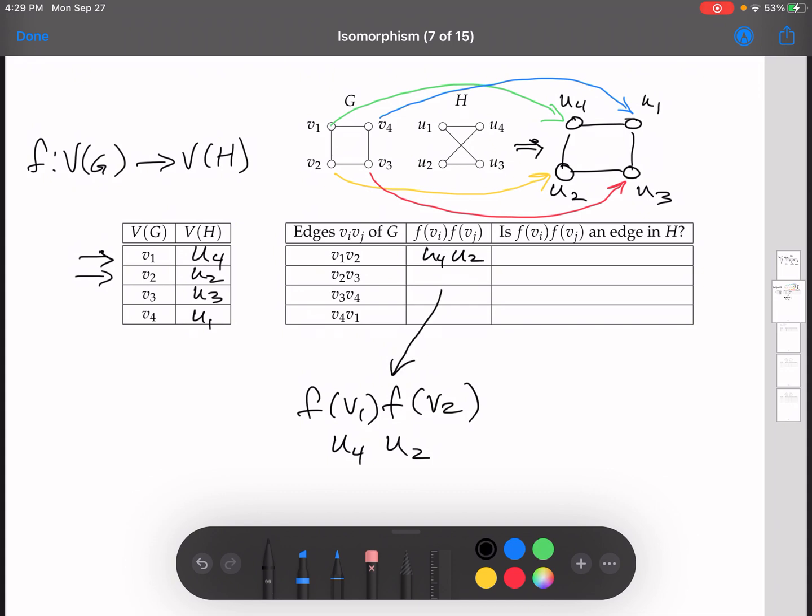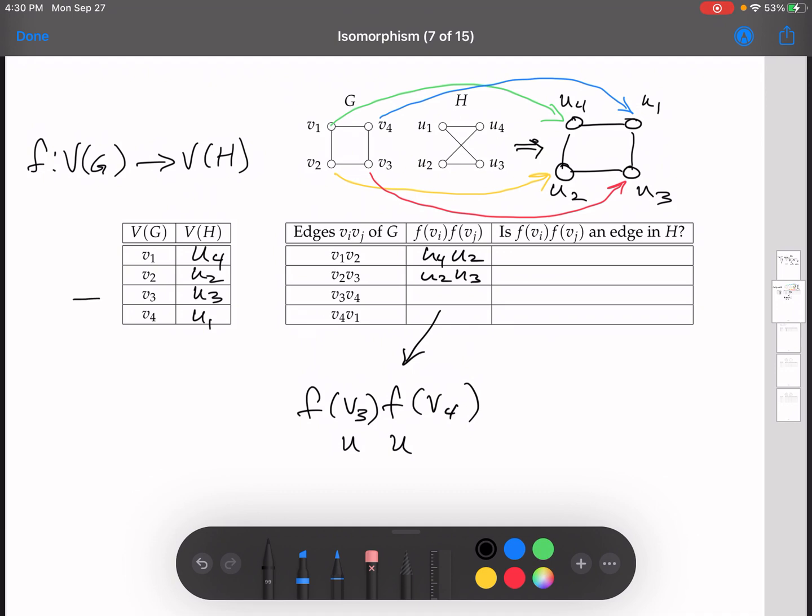Now we've got 2 and 3. Let's see. So those two there. Let's see, from my table, V2 goes to U2. V3 goes to U3. So we've got U2, U3. Now we've got 3, 4.